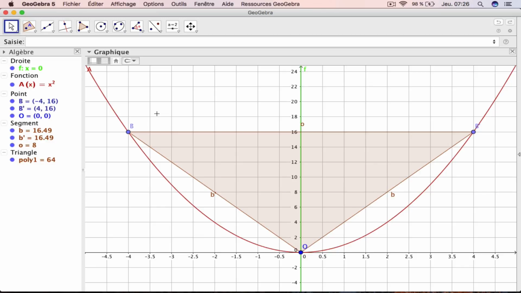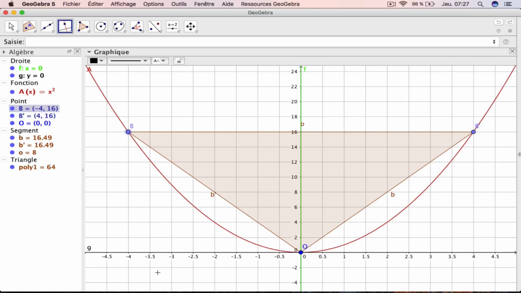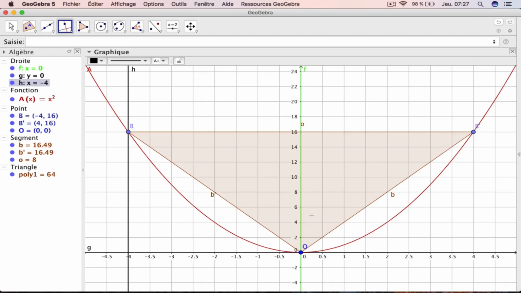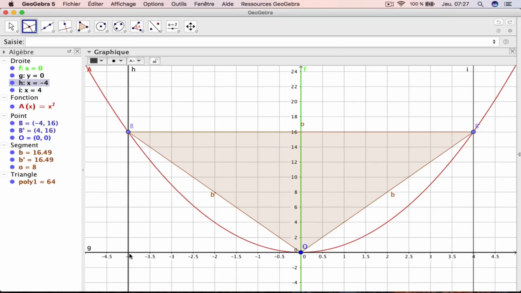Let's calculate this length and this one. For this, we can use the same technique as yesterday. Here it is. We use the perpendicular here and the perpendicular here, and we've got two right angle triangles.